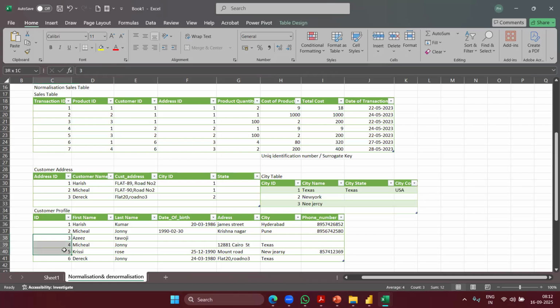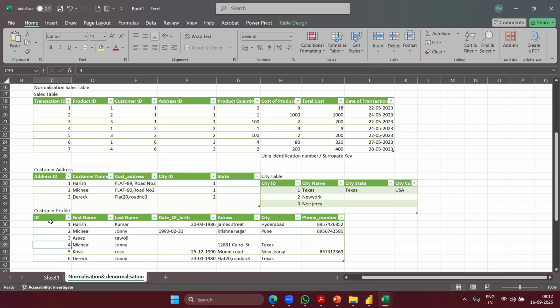So if we have duplicates here, then when the sales table has a product ID of one or customer ID of one, how can it know which is the correct customer it needs to pick? So the column that is used to uniquely represent each and every record in the table is called a primary key.